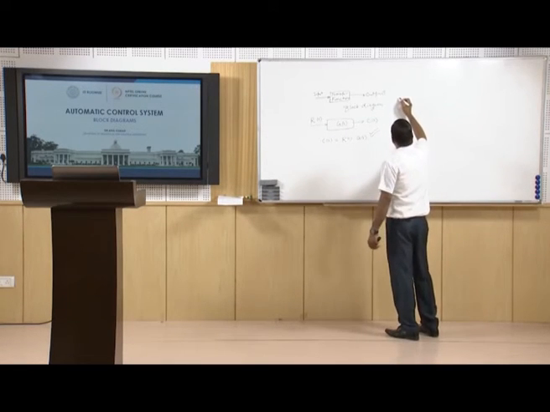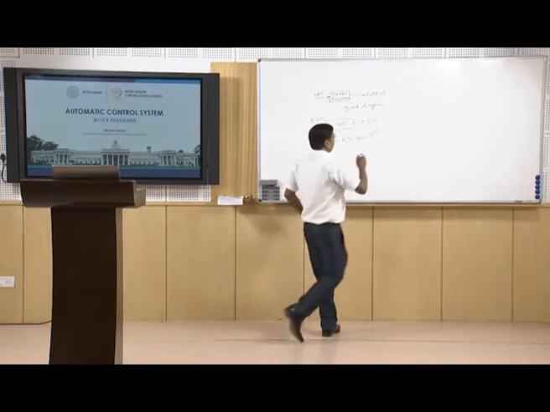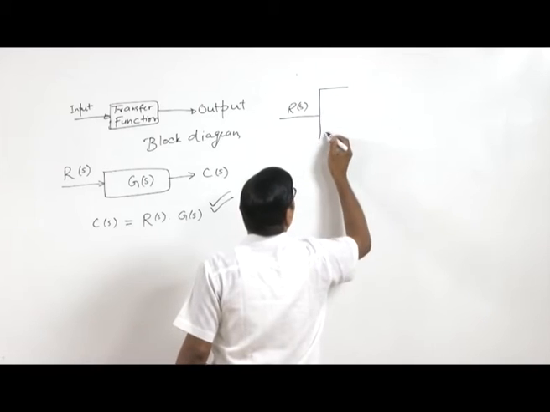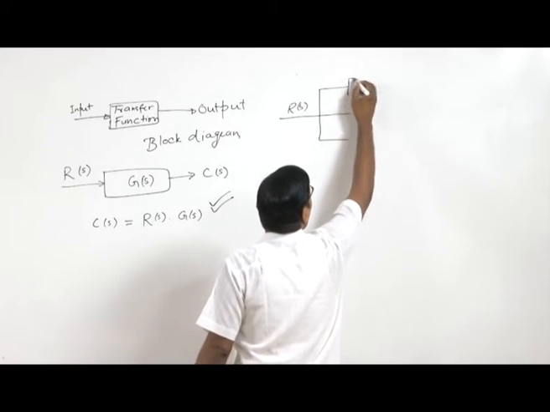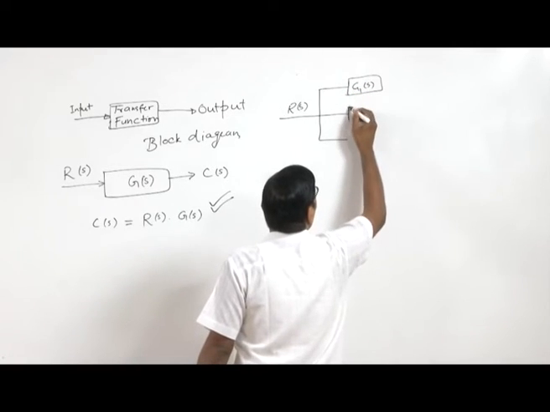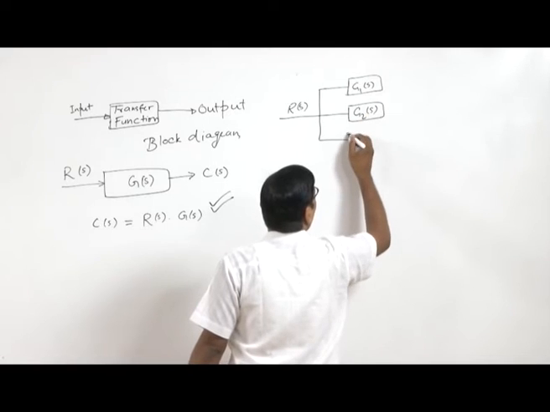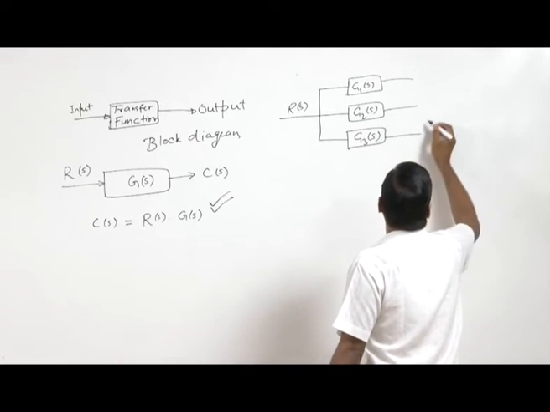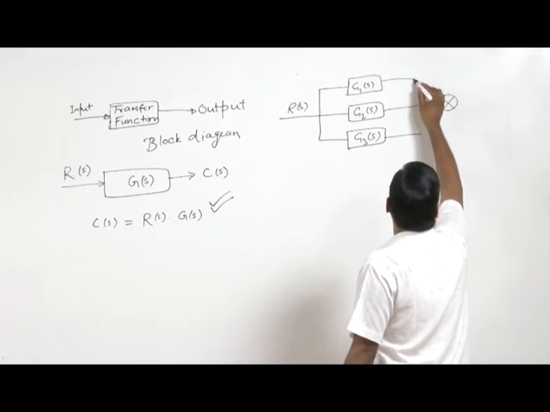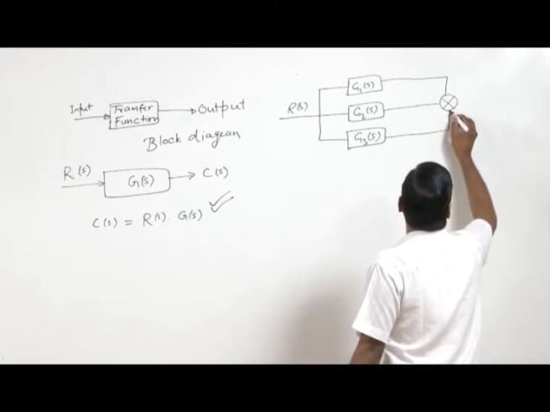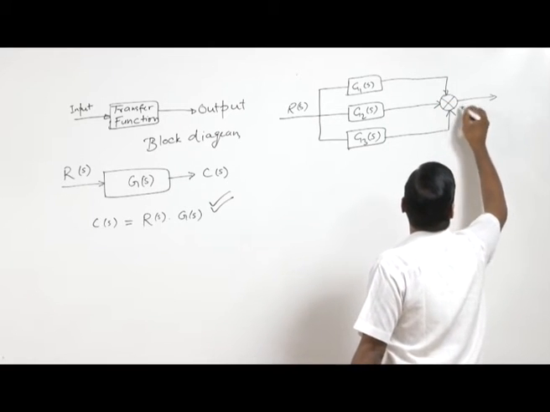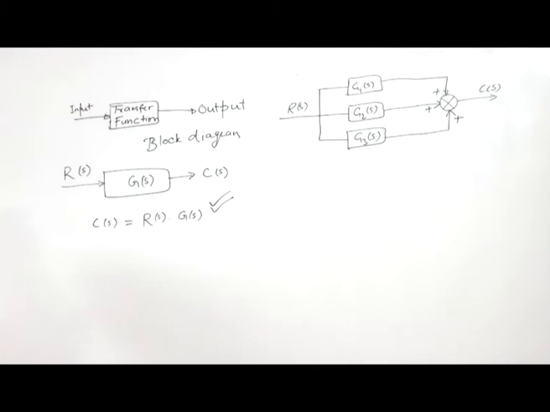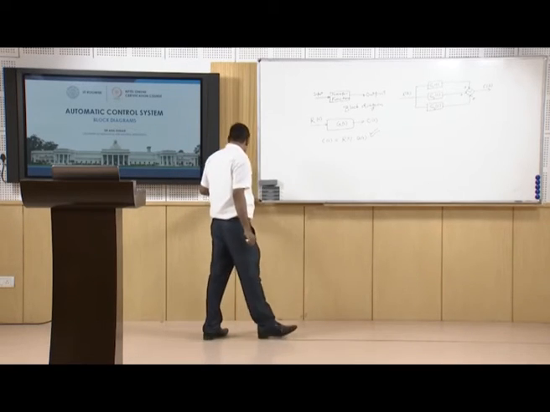So now, for the parallel form, let's have input R(s), and there is a pick-off point.